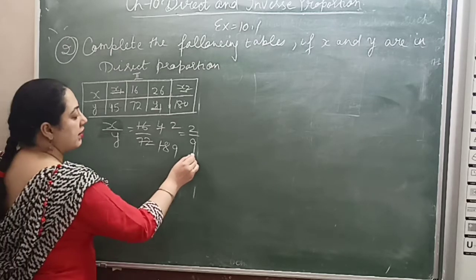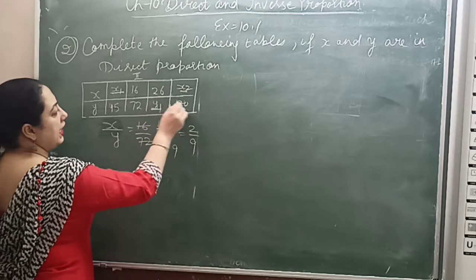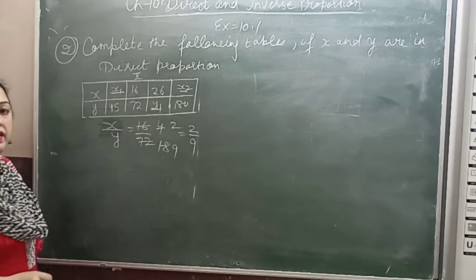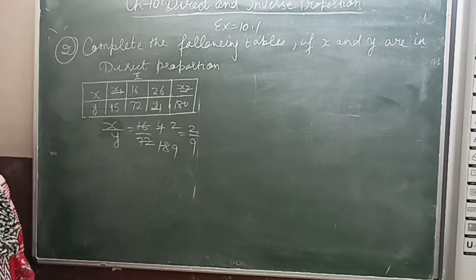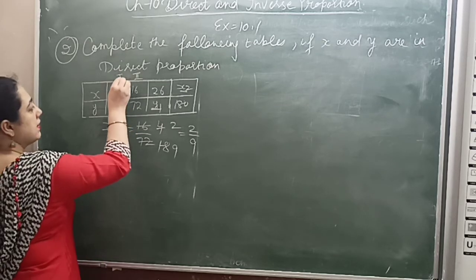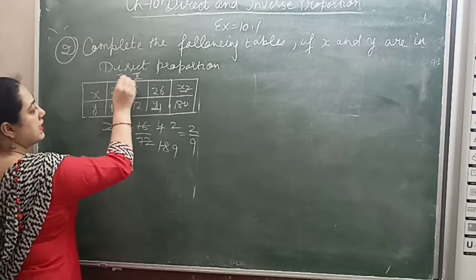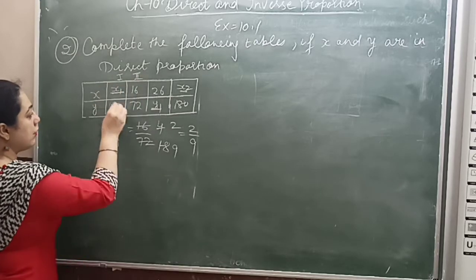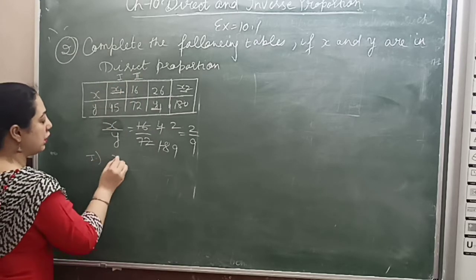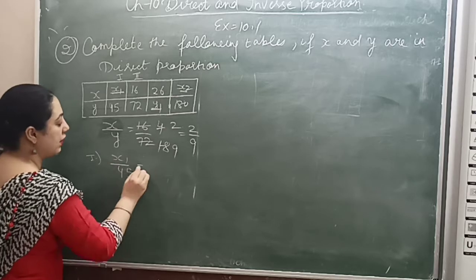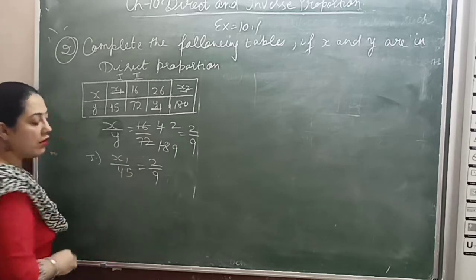Now we equate this ratio with each one of these and find the corresponding values of x1, x2 and y1. Let us equate the first ratio, which is given to you, x1 over 45, with 2 over 9.